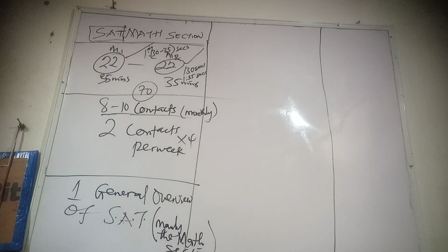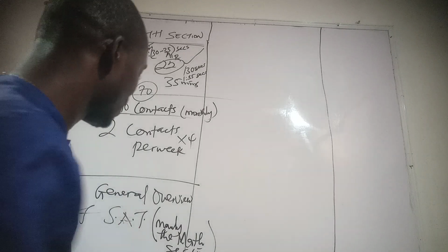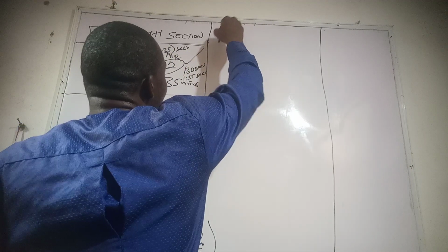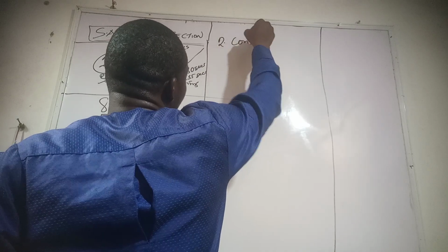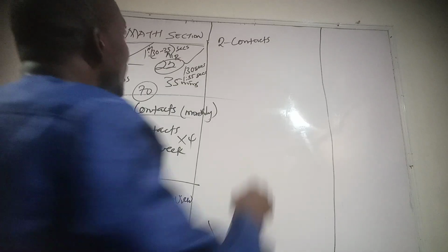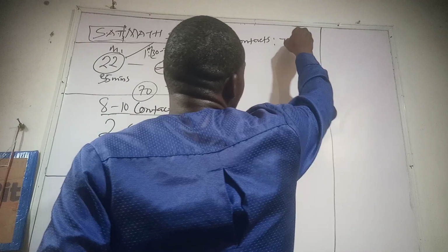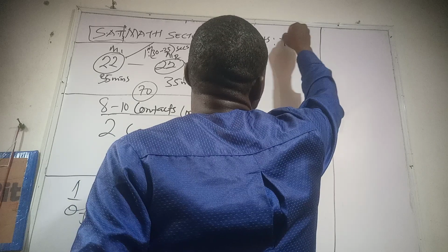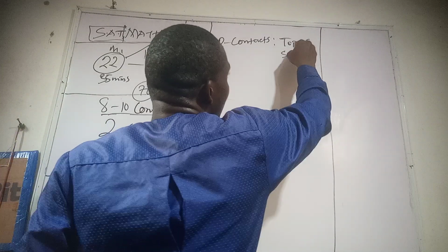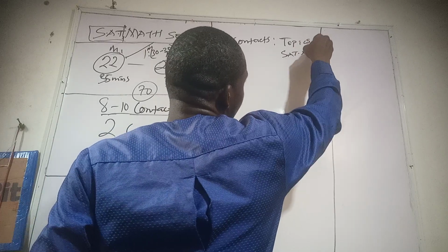Now let's quickly move to the second contact for our students, online. We'll be telling them about the topics involved in mathematics, the topics in SAT maths. So what are those topics?